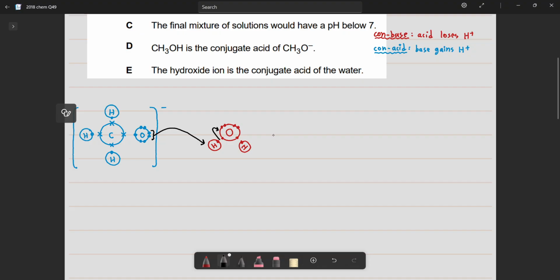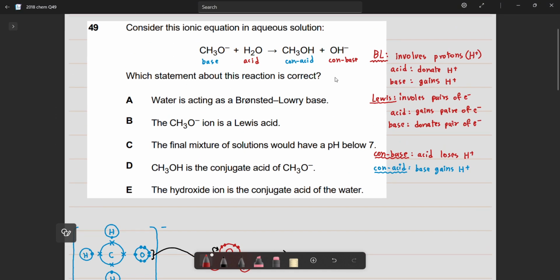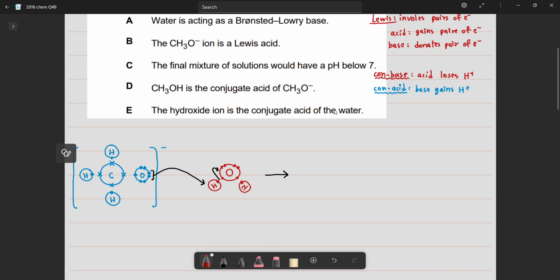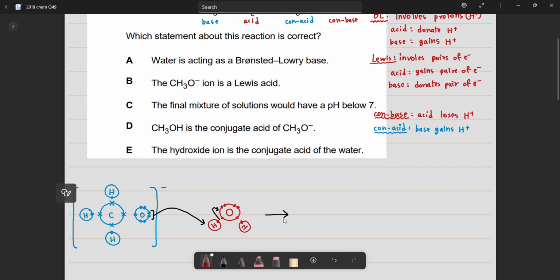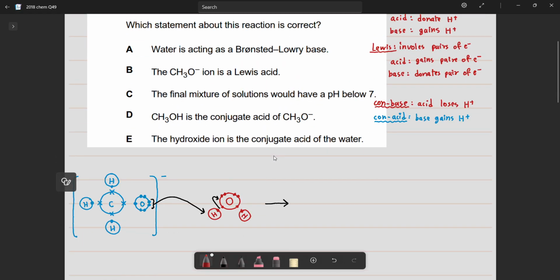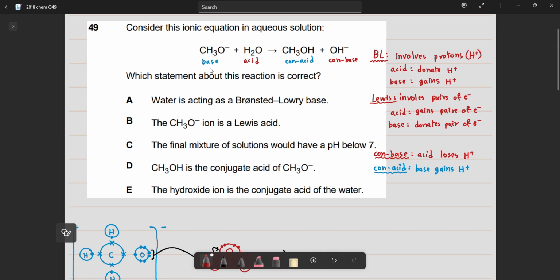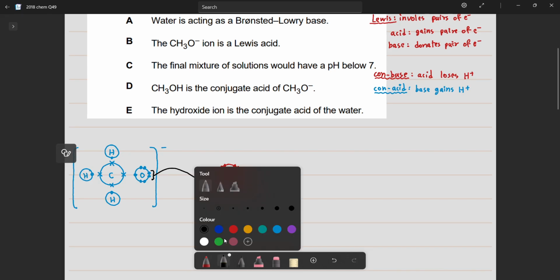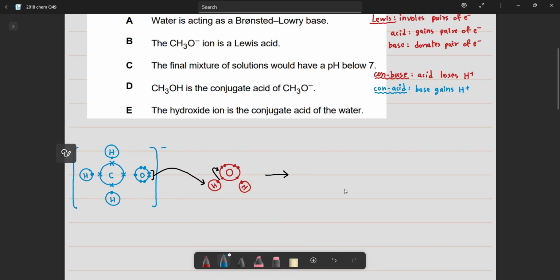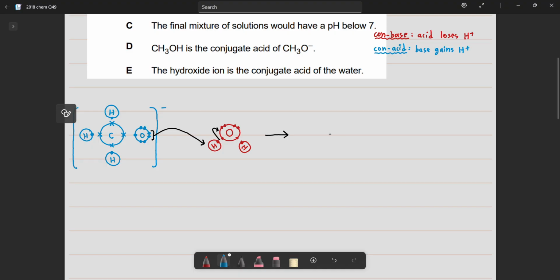This will form, as we mentioned, the conjugate base, which comes from the water, and also the conjugate acid, which comes from the methoxide ion. I'm going to draw it over here.